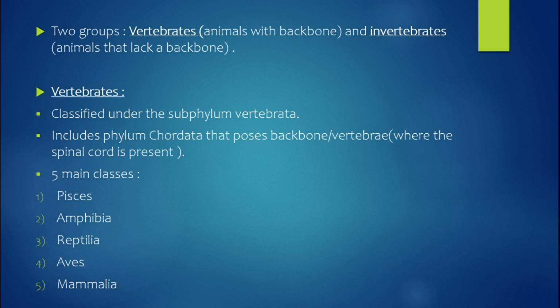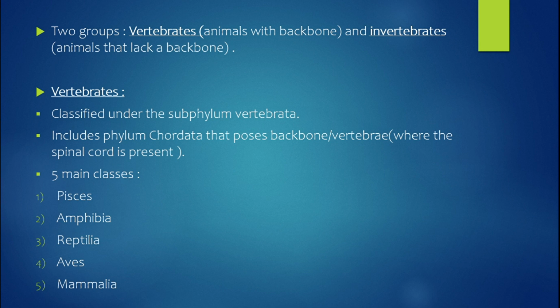We are going to see the examples of them in the later videos. So for now, the example of vertebrates is humans. And invertebrates, we are going to see in further videos what their examples are, whether they have a backbone or not, and if they have a backbone, whether they move or not, and everything about them.